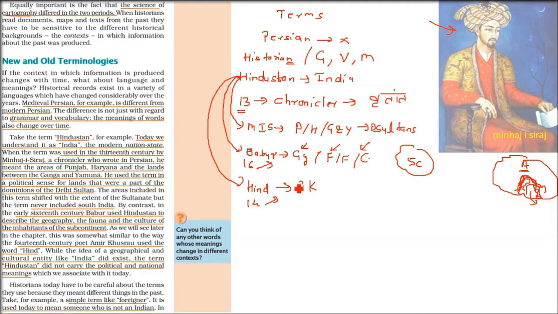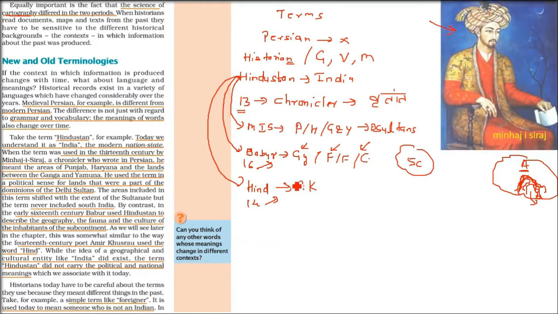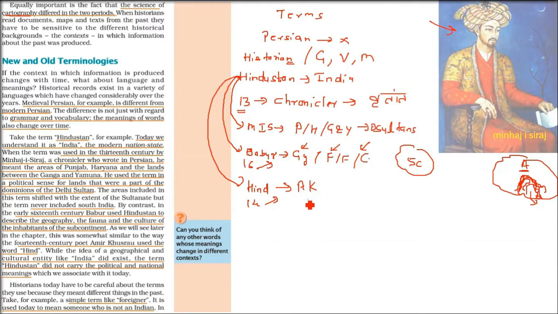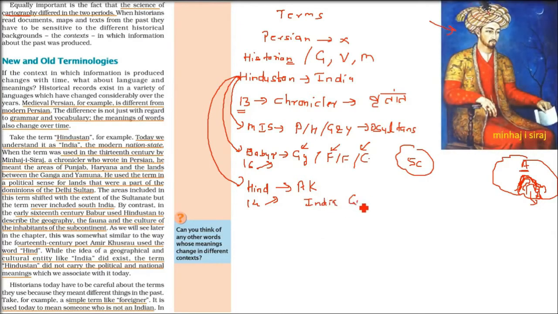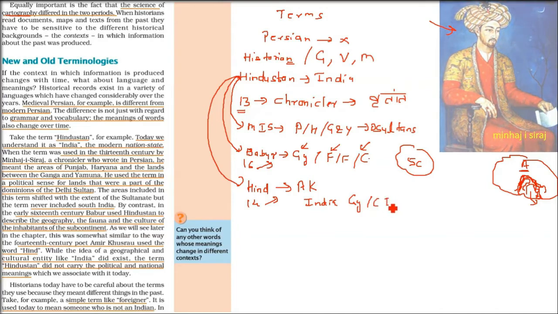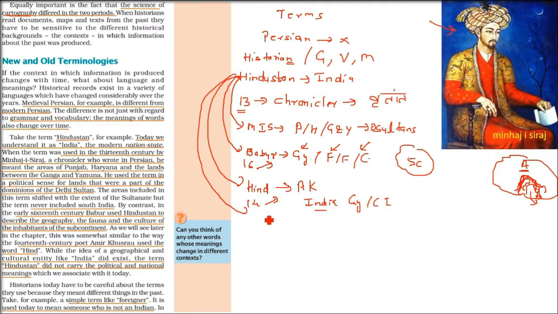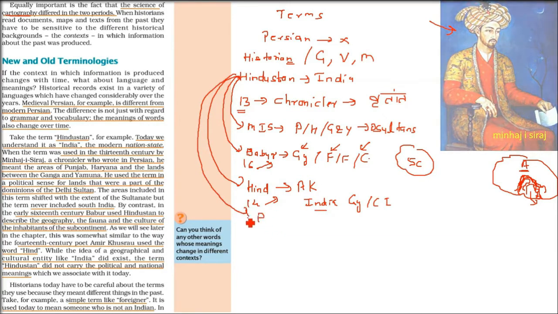But what we see today, if you talk about Hindustan and India, the geographical and cultural entity India is there. So India has a proper geography, proper culture, proper politics, proper area. But Hindustan does not have that political or national meaning.